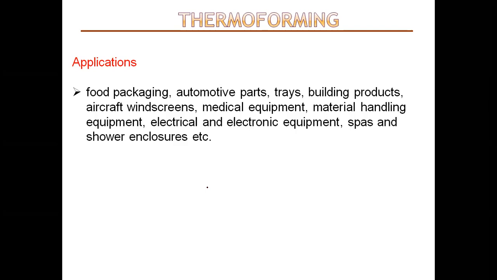But mostly it is used in mass production in the packaging industry, where the film is rapidly fed through a heating chamber and then mechanically formed into the desired shape. So this is the processing of polymers which we have seen.